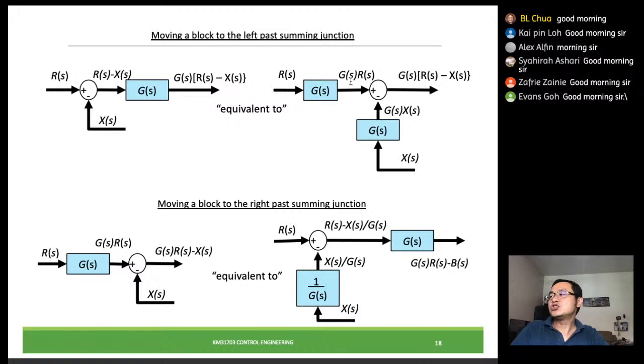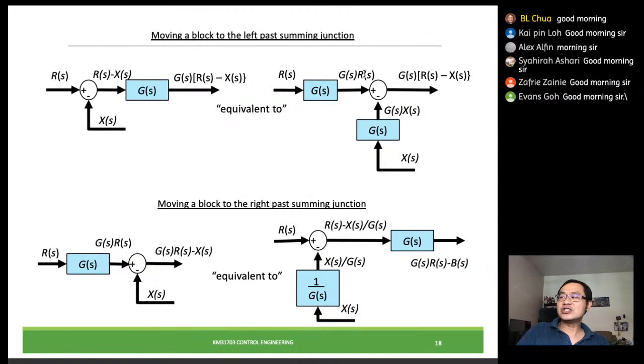So this would be GR minus x, if we don't add another block. So if we intend to move it out of the summing junction, we also have to add another block, so that the effect is as if the block were there before the operation of addition or subtraction.